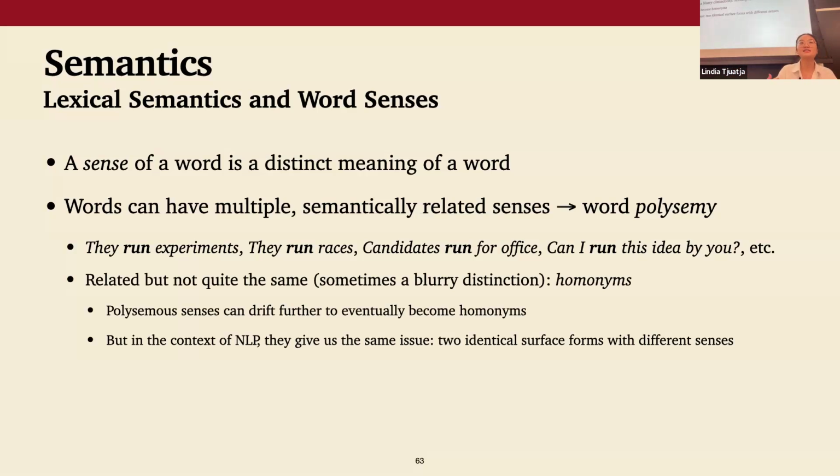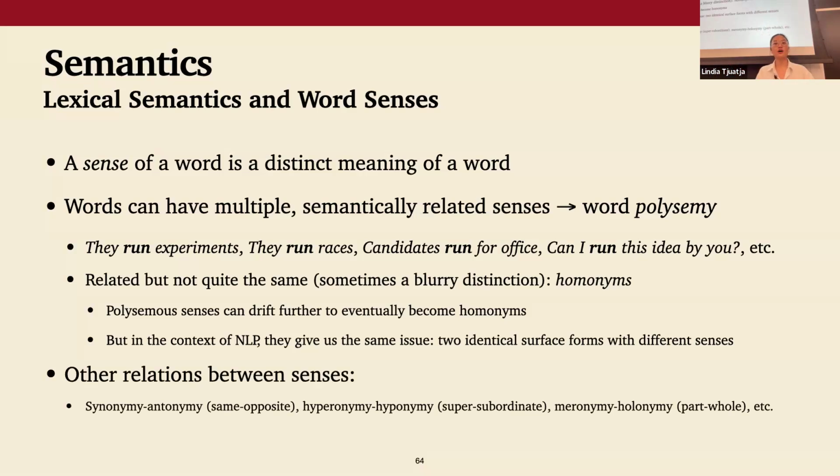But over time, as our uses of these words have changed in context, we've seen these meanings drift further and further apart. So now they're homonyms. But in the context of NLP, whether it's a polysemous word or a homonym, they kind of give us the same issue, which is we have two surface forms, which in text appear exactly the same, but they have different senses.